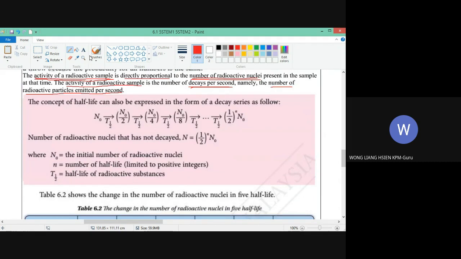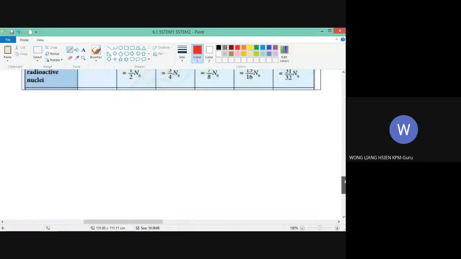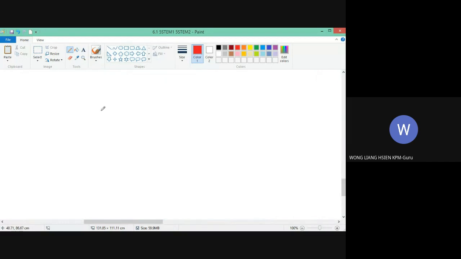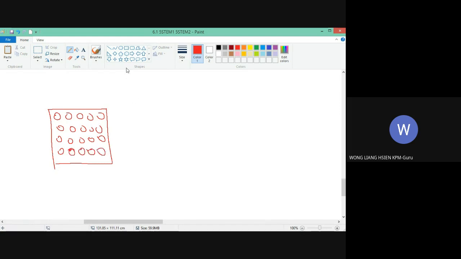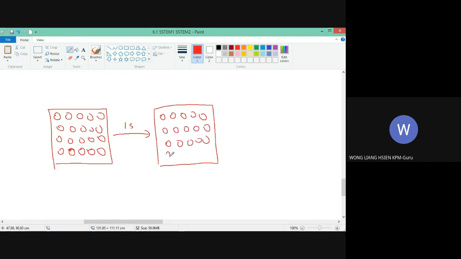For example, let's say that after 1 second, 2 unstable nuclei decay.